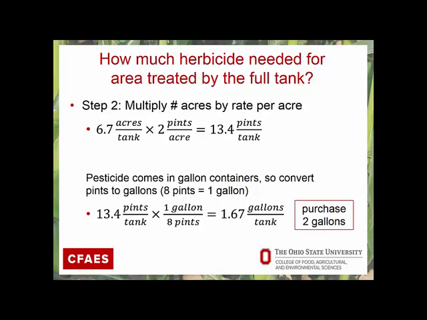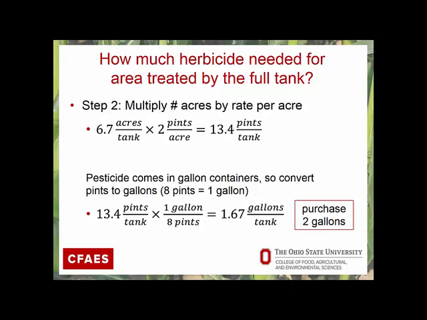Now, normally we're going to have to do conversions in real life and also in our pesticide exam. Typically, we don't buy products in pints. We oftentimes buy them in gallon containers. So, assuming the product comes in gallon containers, you have to be able to do a conversion. You will need to make liquid conversions between pints, quarts, fluid ounces, and gallons on your exams.